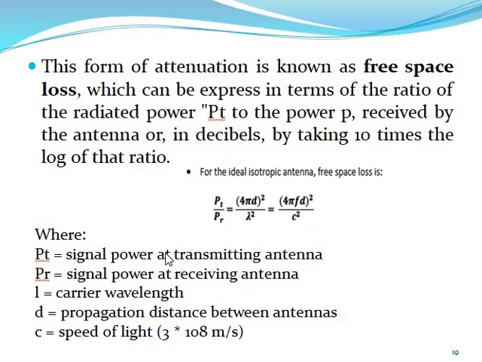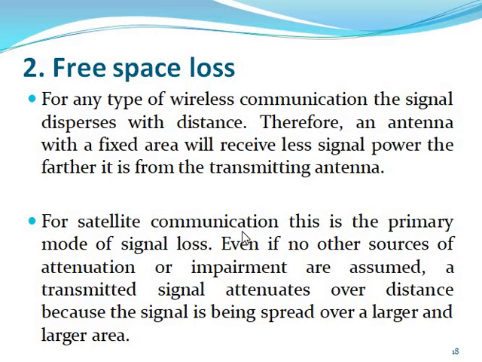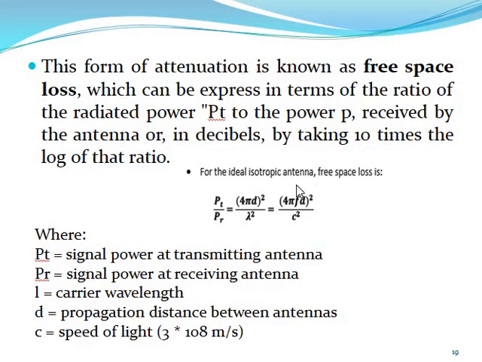So what is the formula? You can show how to calculate the signal travelling in satellite communication, then it is also in the ionosphere. So we can show the equation. This form of attenuation is known as free space loss. What is the loss? You can count that here.